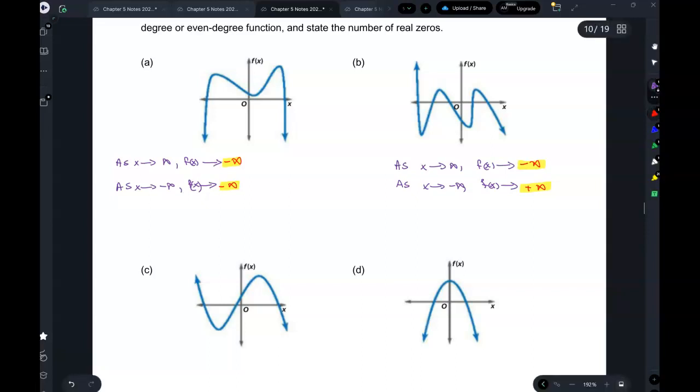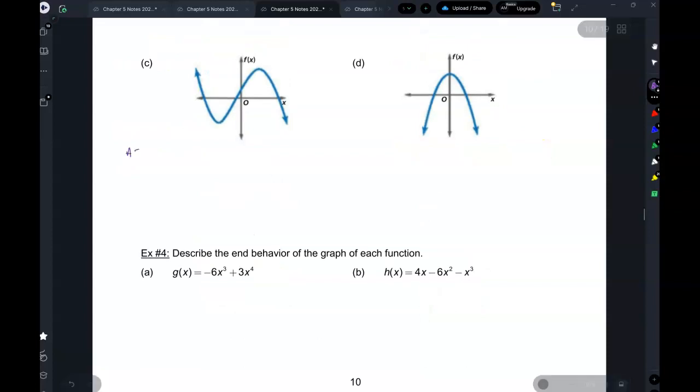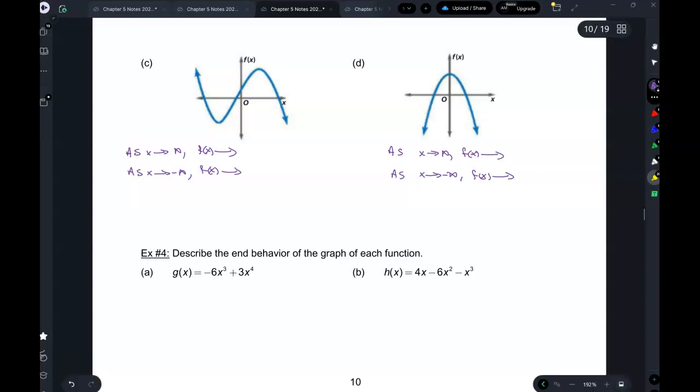All right, next one. Okay, so let's write both of these and then we'll solve them. As x approaches infinity, f of x approaches what? I'm going to do both of them. As x approaches infinity. Okay.